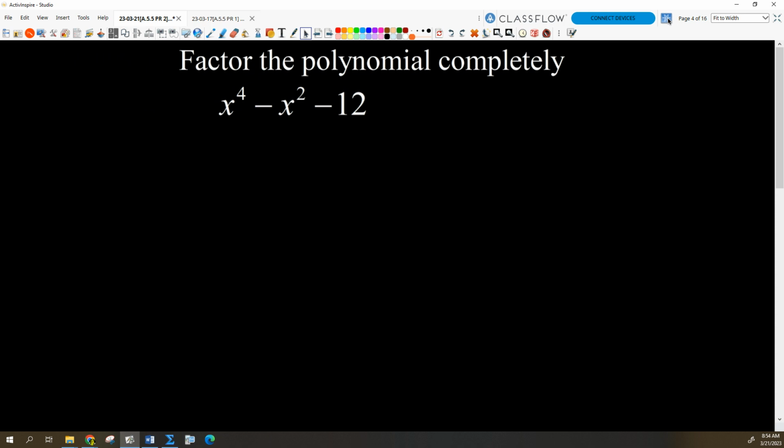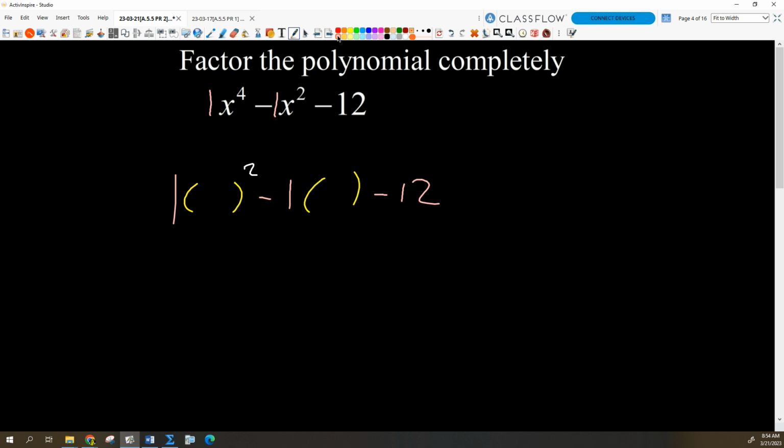My question is, could I make it look like the coefficients here are 1, negative 1, and negative 12, right? Those are coefficients in a trinomial we can deal with. Could I make it look like something squared, 1 times something squared, minus 1 times something to the 1, minus 12?